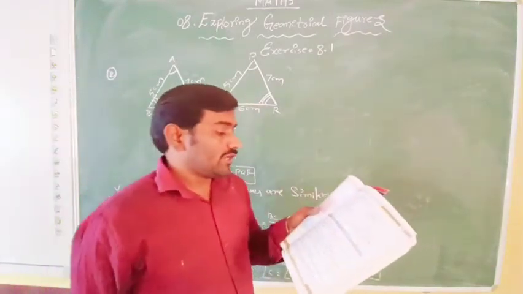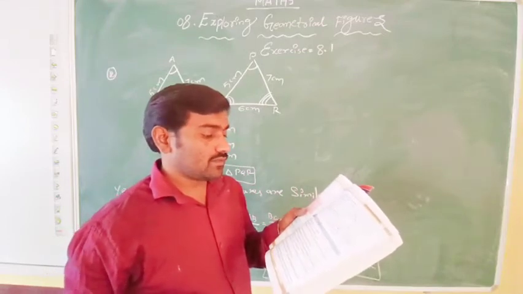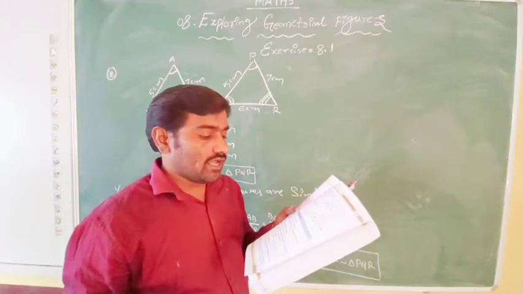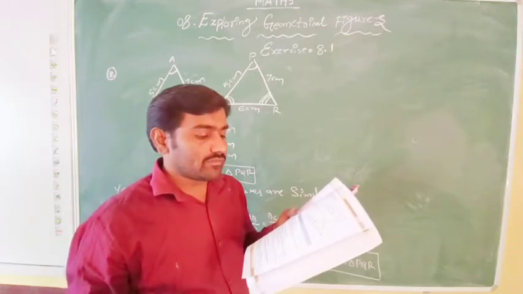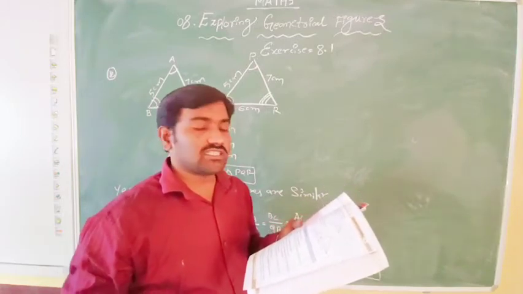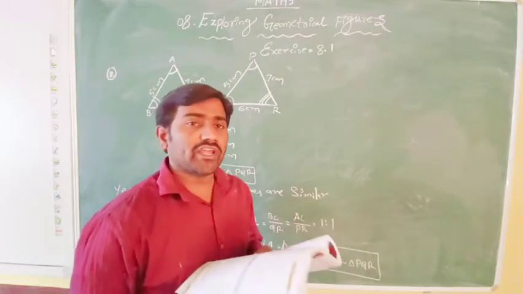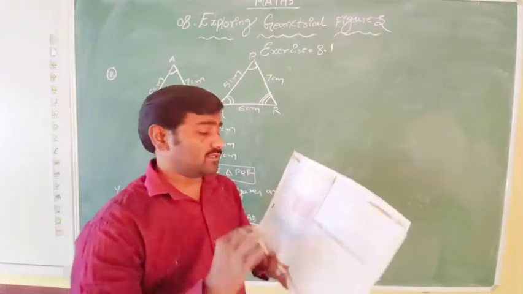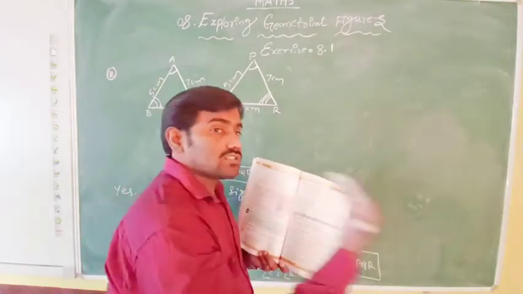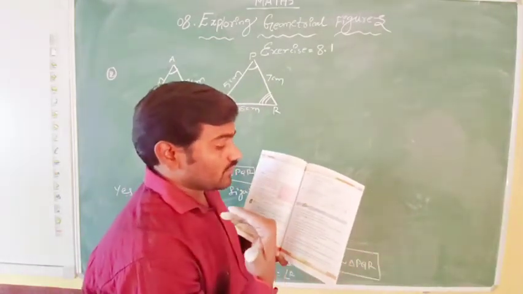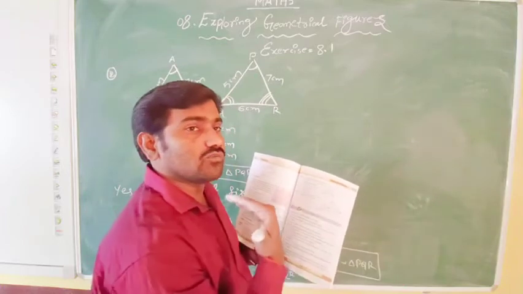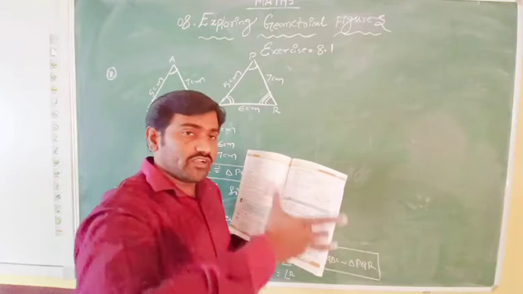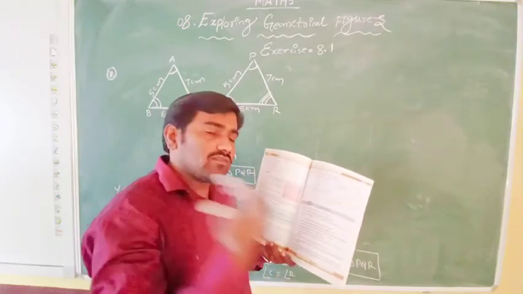So, take two similar shapes. If you slide or rotate or flip one of them, does the similarity remain the same? Yes. If you take any two similar shapes and slide it, that means just move it, or rotate it, or flip it, they are always similar.